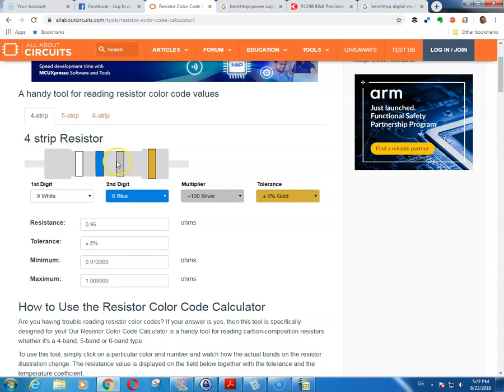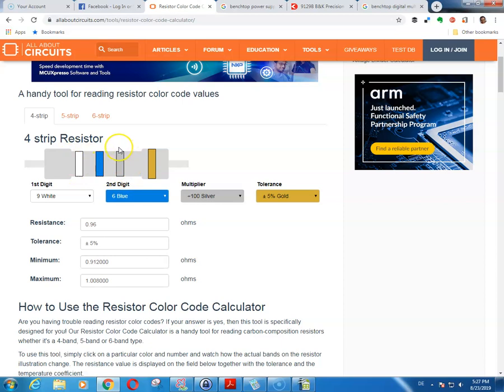So these three colors over here tell you that your resistance is, white is 9, a digit 9, and blue is 6, a digit 6, and then this third band over here is called the multiplier. So the first two are the first digit and the second digit.